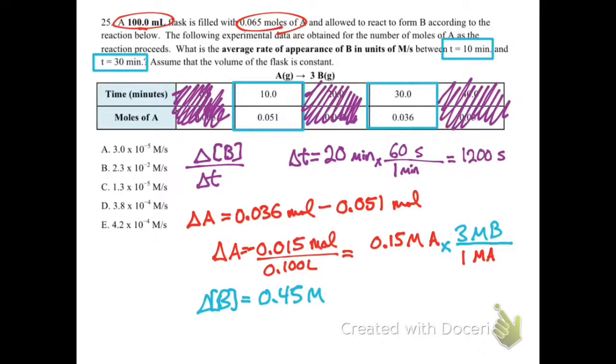That's how many molar of B would have appeared during that time. So now I'm just going to turn this into a rate. I'm going to divide by the amount of time, the dt, 1,200 seconds, and we will get our answer. So we end up getting 3.75 times 10 to the negative 4th molar per second, which rounds to choice D.